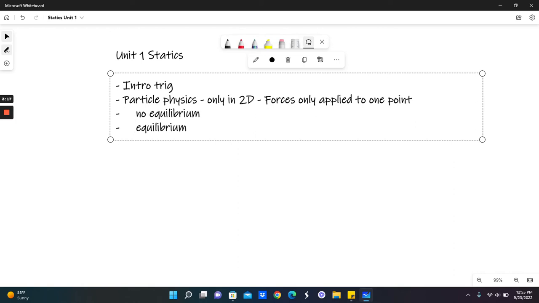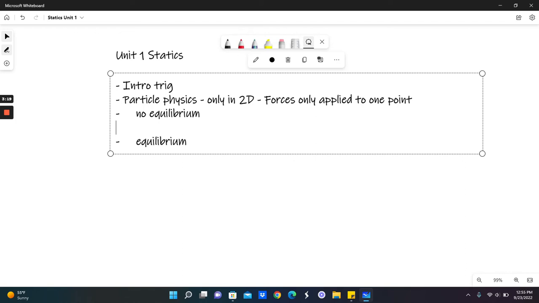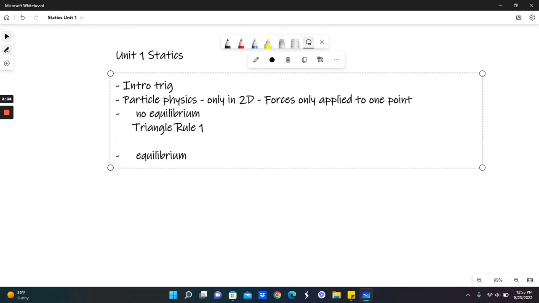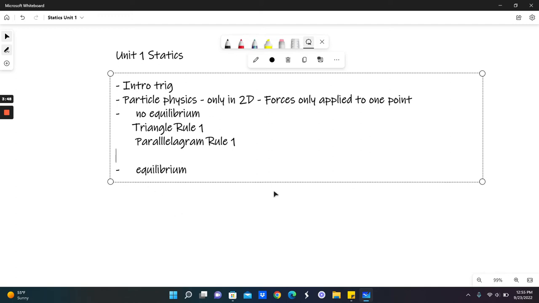For our no equilibrium problems, we looked at, let's say, triangle rule 1, parallelogram rule 1. What else did we do? And the XY component method.